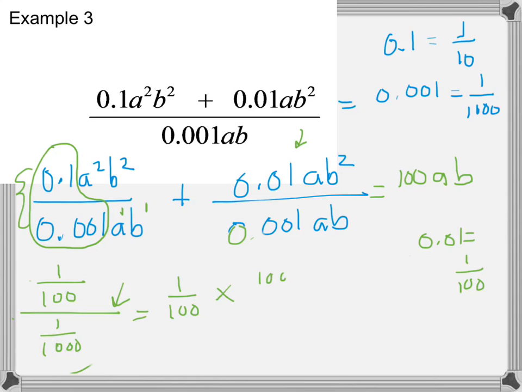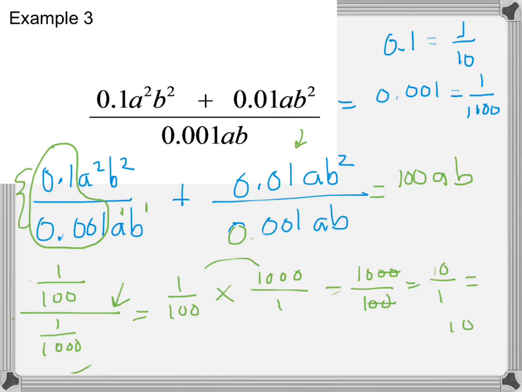And we reciprocate the denominator. Okay, well, then we multiply across. That's 1,000 divided by 100. And again, I'm going to cancel the powers of 10 by using my shortcut of canceling out the zeros. So now we just have 10 divided by 1, which is 10. Okay, so the coefficient here is 10.